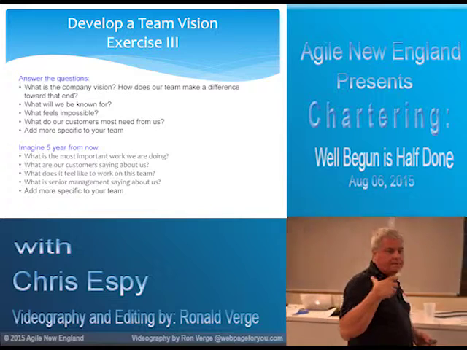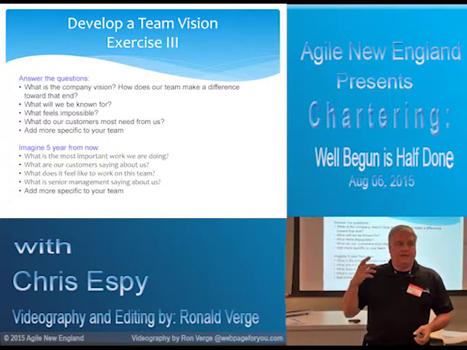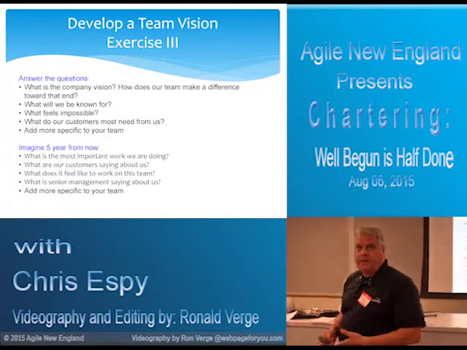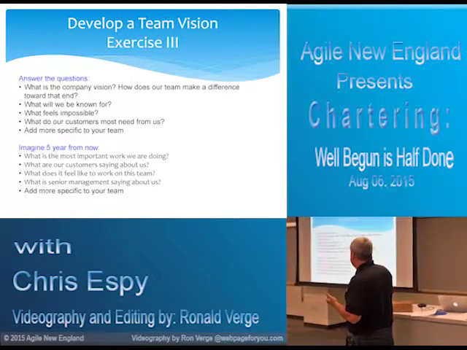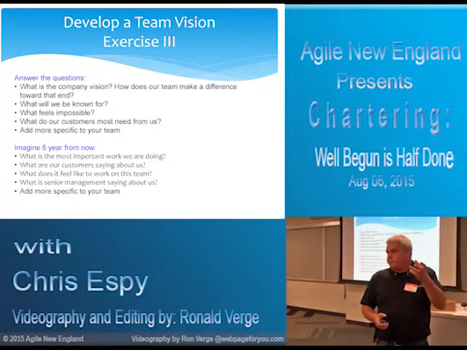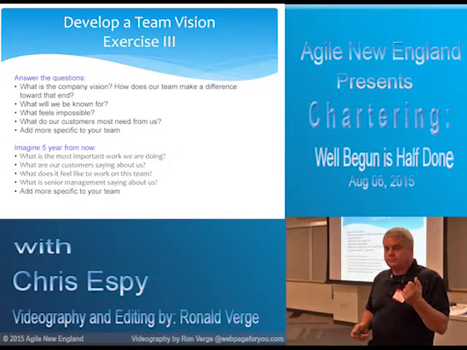So it doesn't have to be something that is even obtainable, but it gives you a goal to go for. Another good way to do this is to imagine 5 years from now. What is the most important work the team is doing? What are our customers saying about us? Those kinds of things can help inform a really powerful team vision.